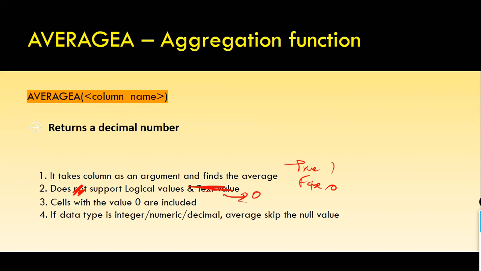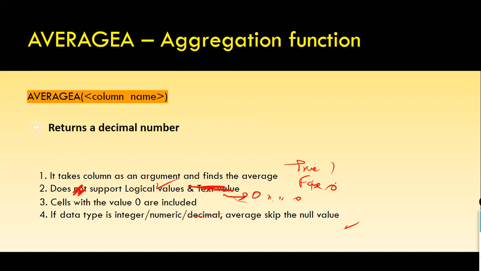And if you have empty text, something like a double quote, it counts as 0 here. In this case also, it skips the null value. It works with all these data types, including the logical and text data types. For logical values, it takes the average by considering 1 or 0.